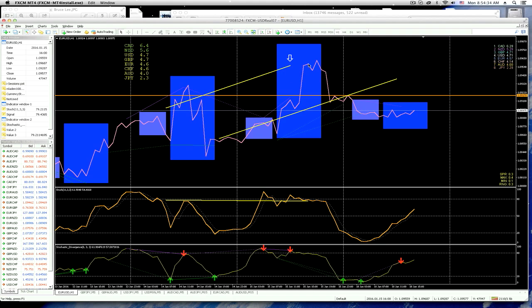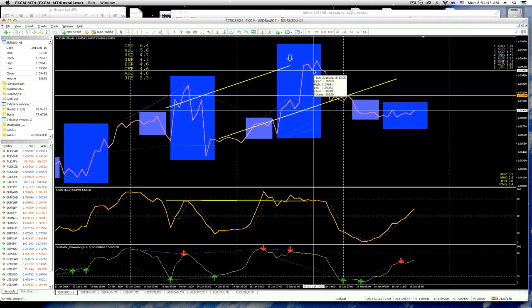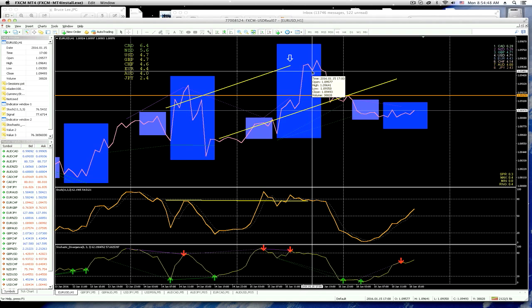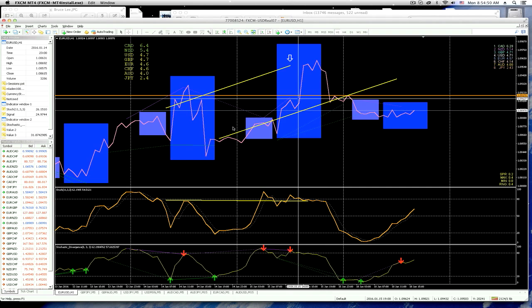So at 1600, which is right here, I can start looking for a trend line to draw through this point in order to get an entry price.